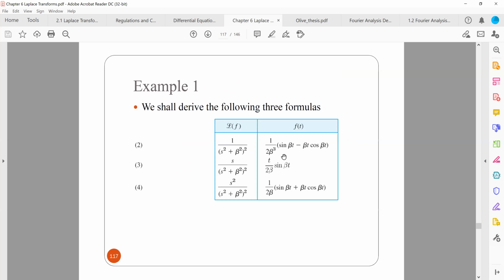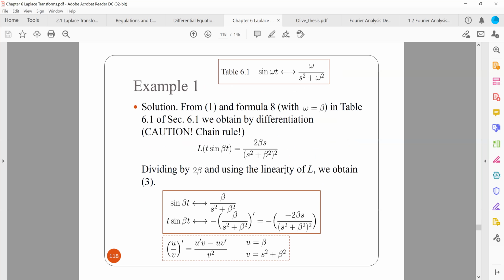So if we were given t times sine beta t, the first thing is to differentiate the transform of sine beta t to get this.